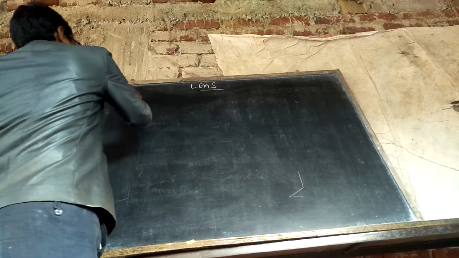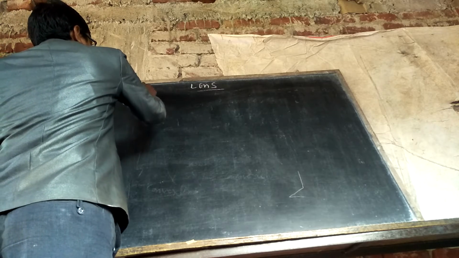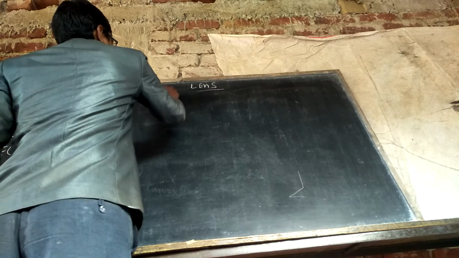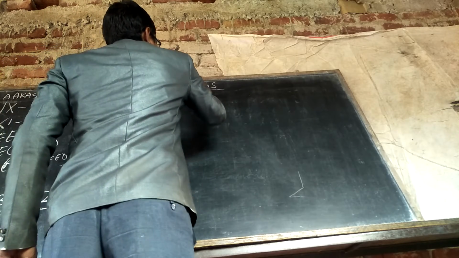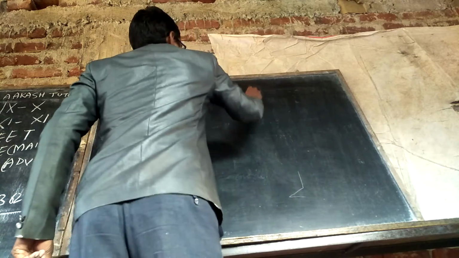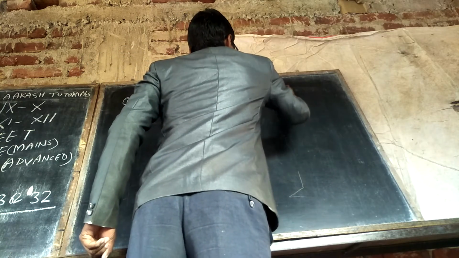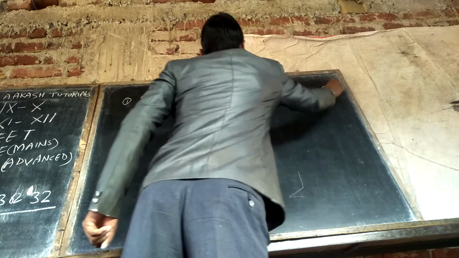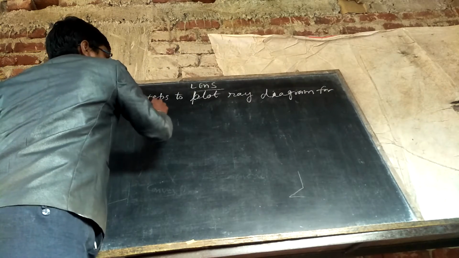So, steps to plot the ray diagram for a convex lens.